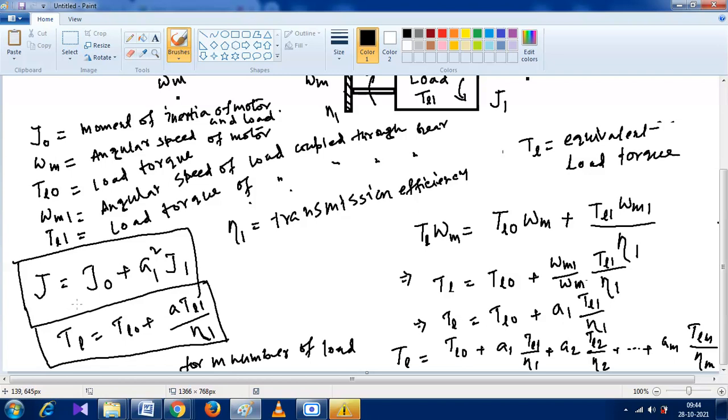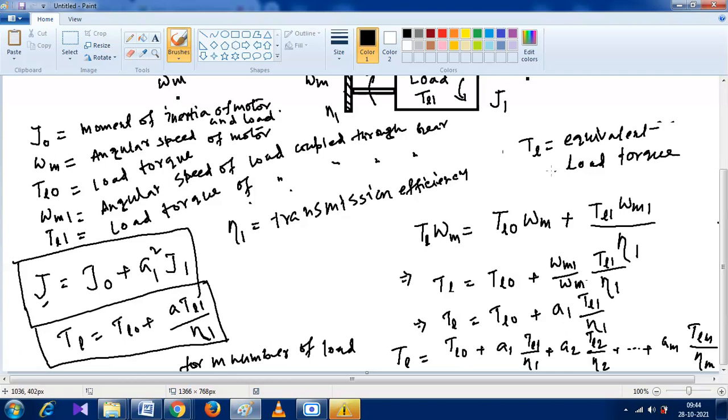What are these? J is equal to, tell me the first. J0 plus A1 square J1. Yes, and in case of load torque, what did you get? TL equal to TL0 plus A TL1 by eta 1.